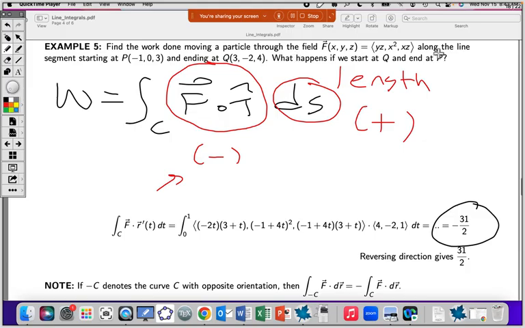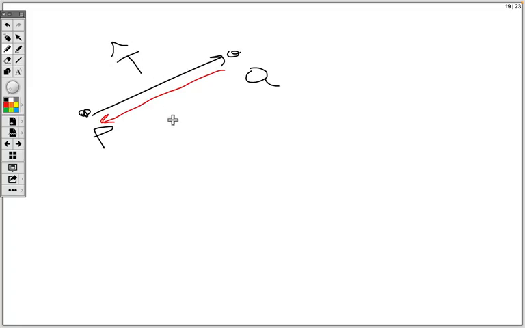Now, what if I decided to go from Q to P? So I went from P to Q. What if I turned around and went from Q to P? What would be the only difference? I've got my T hat here. How would the T hat here relate to the T hat here?